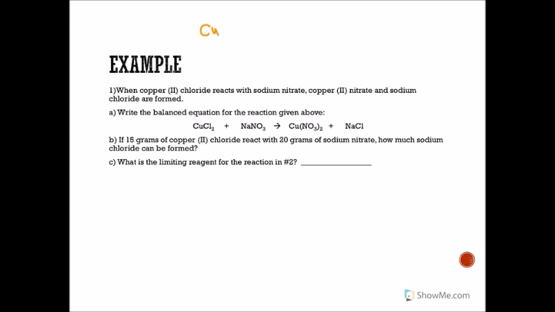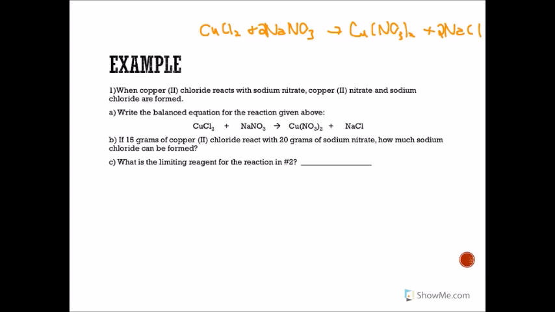We have copper 2 chloride plus sodium nitrate yields copper 2 nitrate plus sodium chloride. I notice we have 2 nitrates, so we'll need a 2 in front of our sodium nitrate. And then we'll need a 2 in front of sodium chloride.